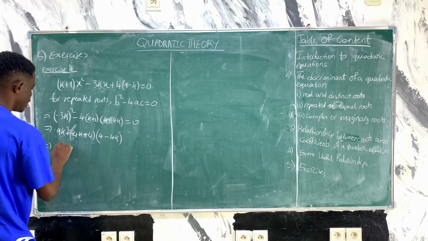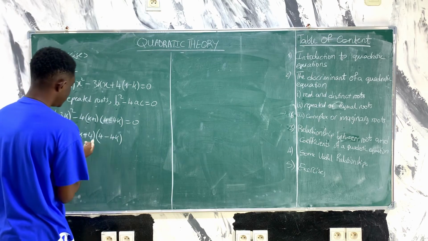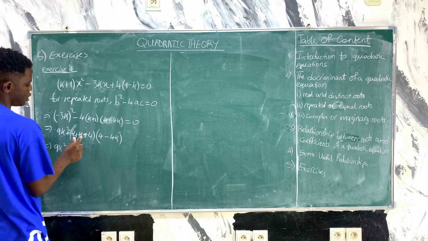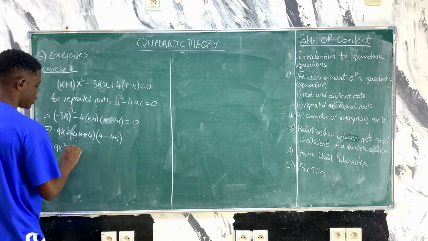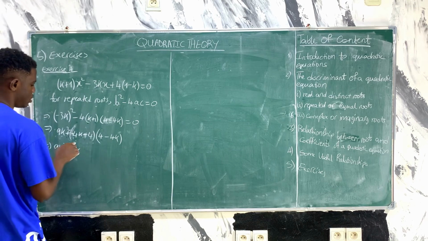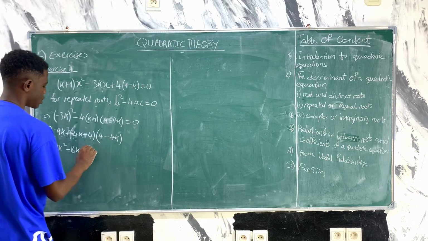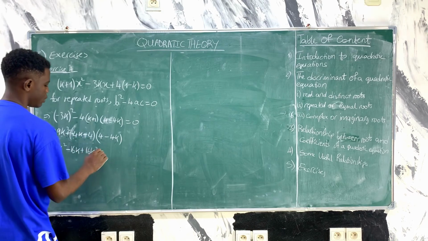So that would mean 9k squared plus 4k times 4. That will be minus 16k, minus 4k times minus 4k. That will be plus 16k squared, minus 4 times 4.